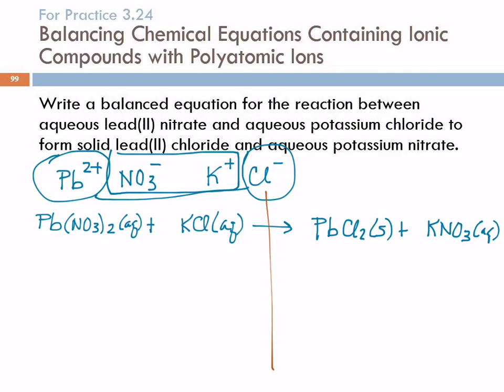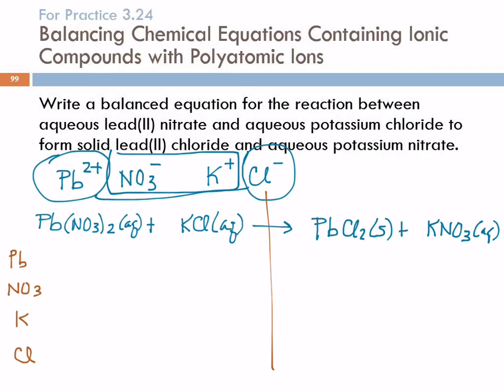And I've got lead, nitrate, potassium, and chlorine. You can look at the nitrogens and oxygens separately if you want to, you always can. But I think it's faster if you recognize the polyatomic ions. So it's a matter of personal preference. But I want to show you the group method because I already showed you the element method.